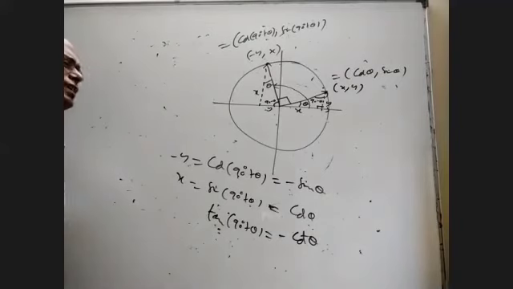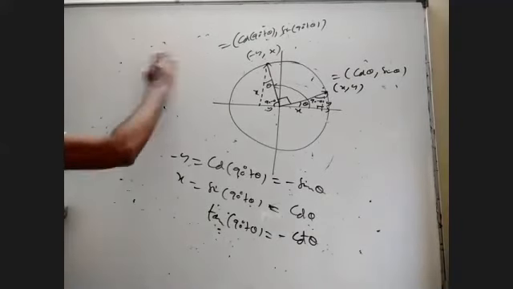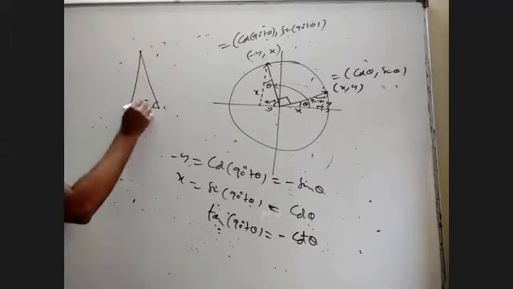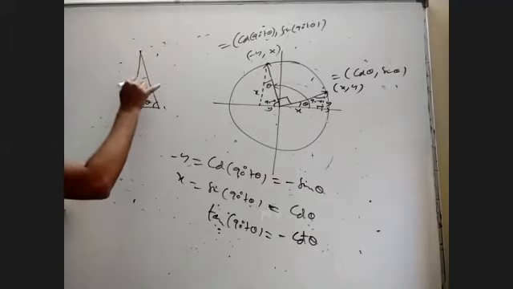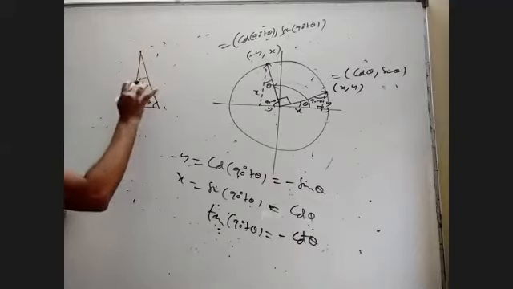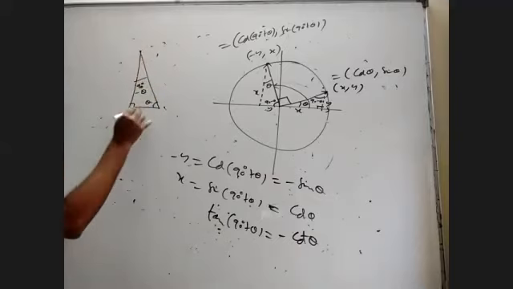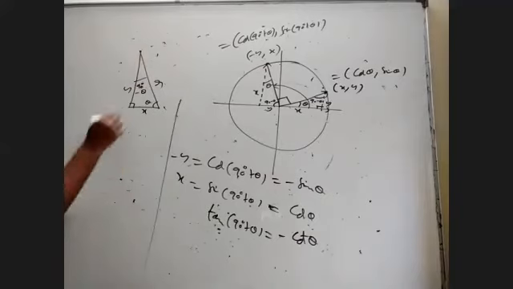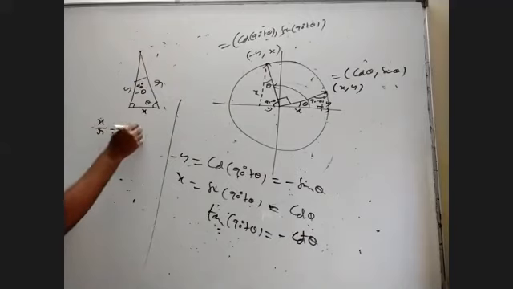Of course, generally 90 minus theta formulas are easier without this; use a simple right angle triangle. This is theta, this is 90 minus theta. Take this as x, this as y, this as r. Generally, it's very easy to write. If somebody takes x by r, this is the adjacent side, so it is cos theta, or this is the opposite side, so it will be sine 90 minus theta.